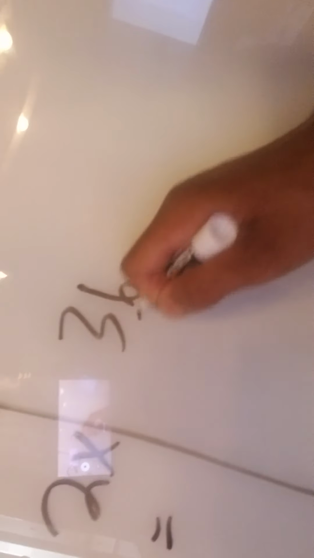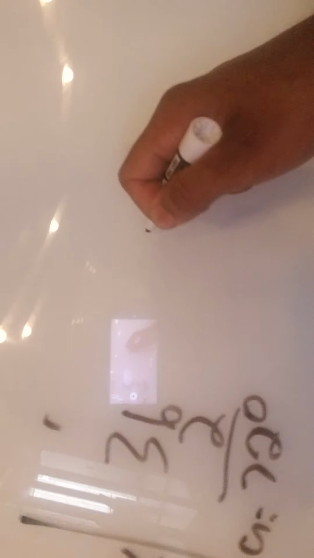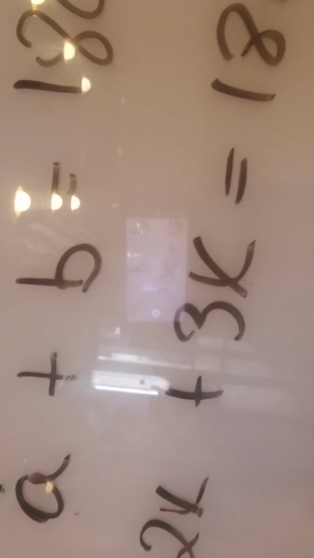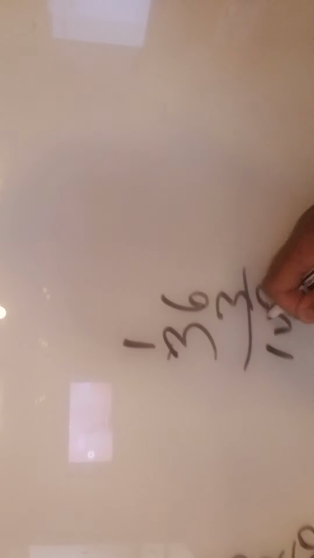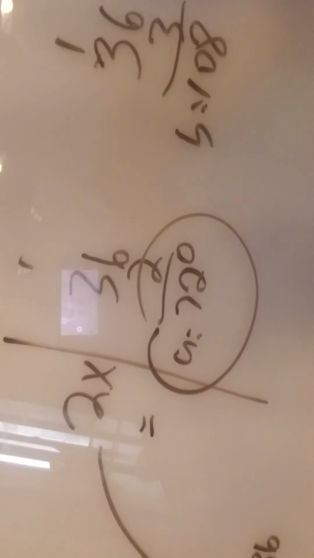So in this case, 36 times 2 is 72 for A, and for B, we'll take 36 times 3, which is 108. So A equals 72 and B is 108. All right, good work.